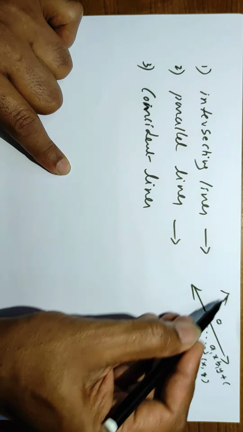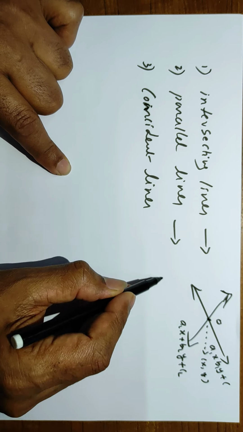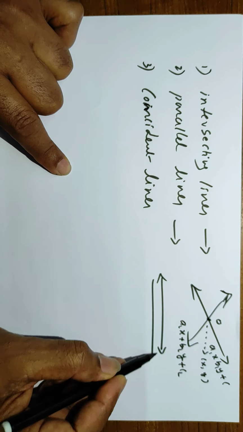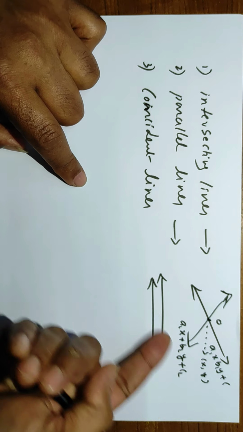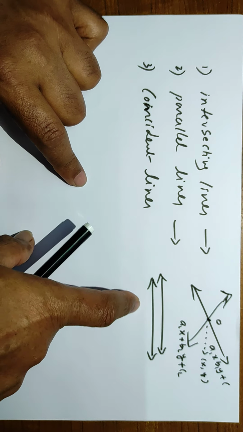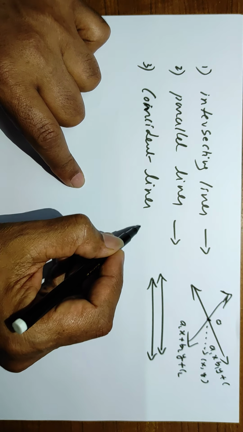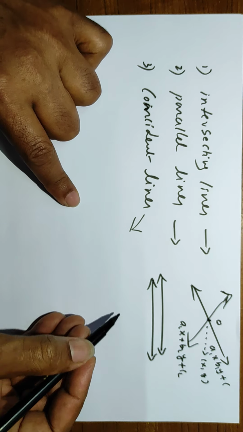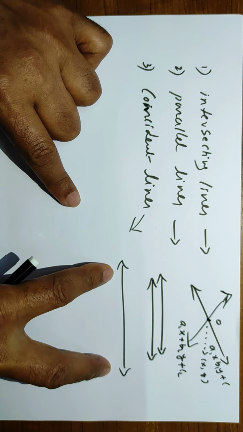One of the possibilities is we may get intersecting lines or we may get parallel lines. Since they do not intersect, we are not going to get a solution for this. Another one is coincident lines. That means for the first graph we draw one line.